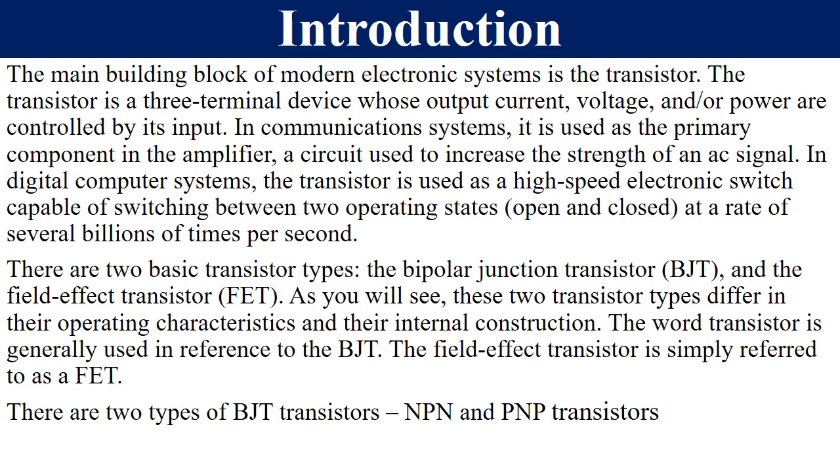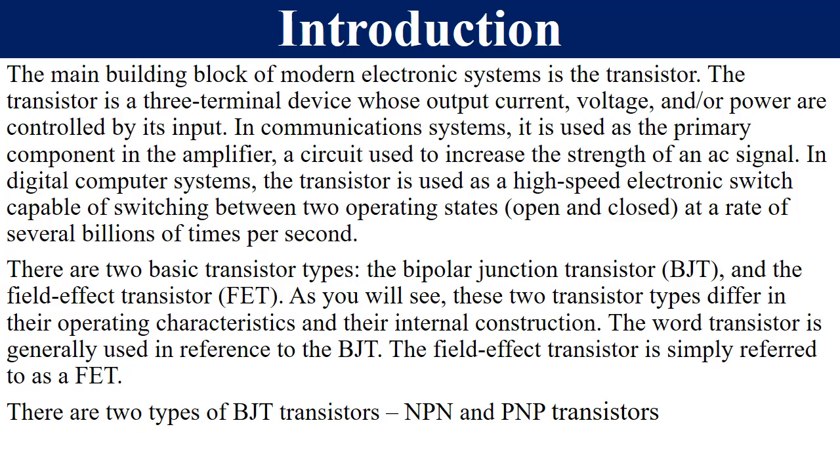Its important function we are going to discuss in this course is as an amplifier, in that it increases the input signal so that the output is greater than the input signal. Its other important function that we are also going to discuss in this course is that it can be used for high-speed switching, since it can do that at a rate of several billions of times per second.